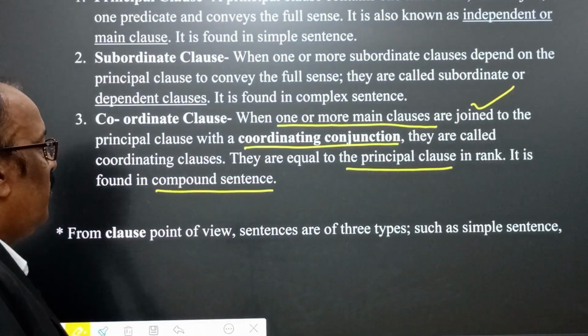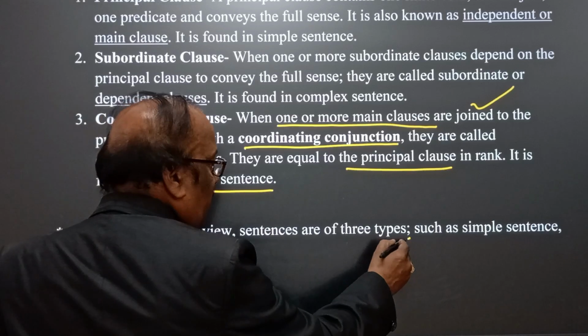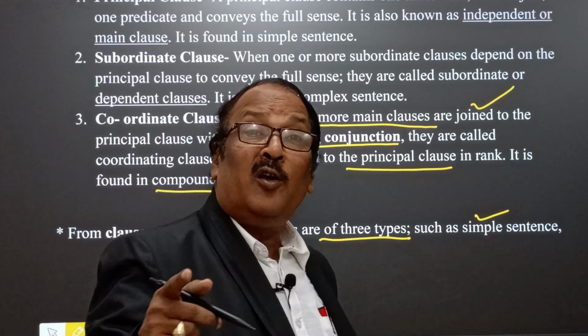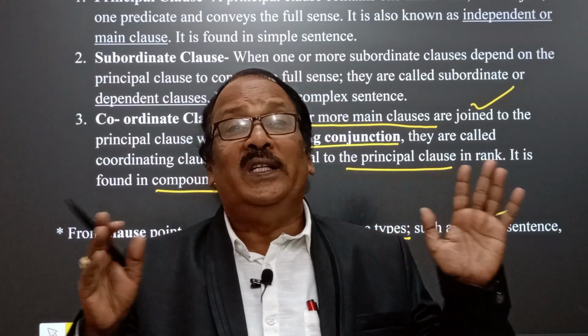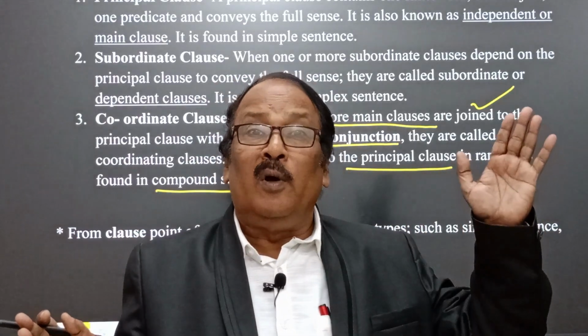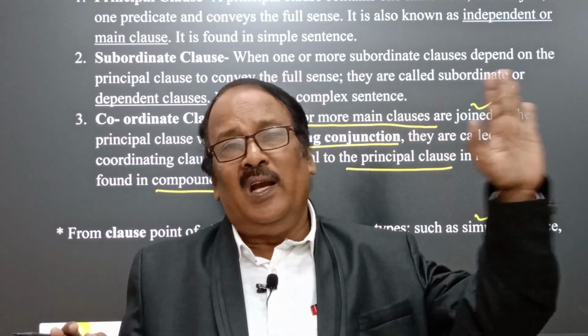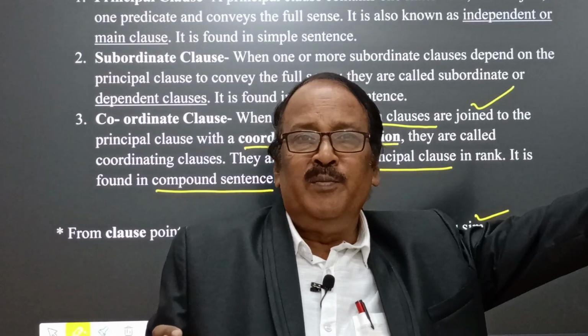From the clause point of view, sentences are of three types: simple, complex and compound. So the clause decides the sentence. If there is one clause, definitely that is a simple sentence.